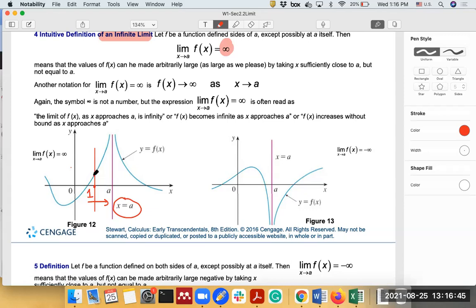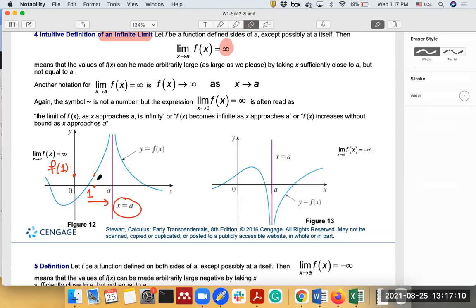We project it, draw a horizontal line going through this point and cut the y-axis wherever it is. We don't care about the value. We know this is f of 1, should be this value. It can be any number, it's not defined clearly here. And if x approaches a, then the graph will follow this path. It increases to a very big number in this direction.